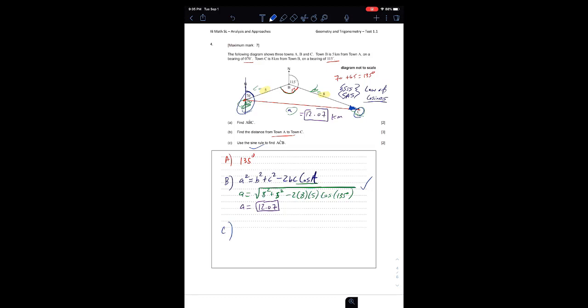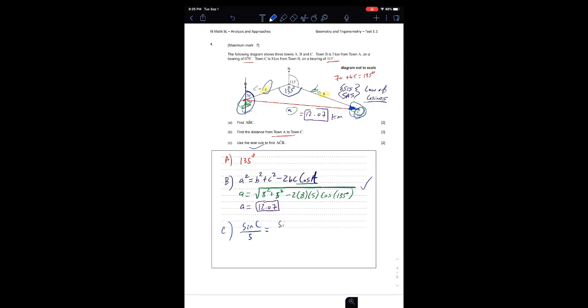Okay, so here's the deal. The sine of any angle, in this case sine of C, over the opposite side, which is now 5, will equal the sine of any other angle you know. Do I know this angle? For B, yes, so I found that to be 135. That was the answer for the first question.